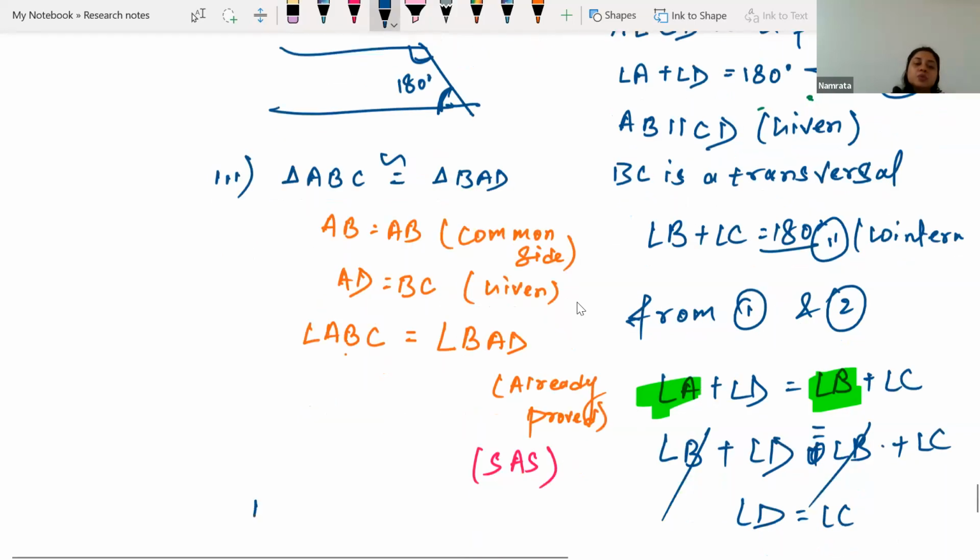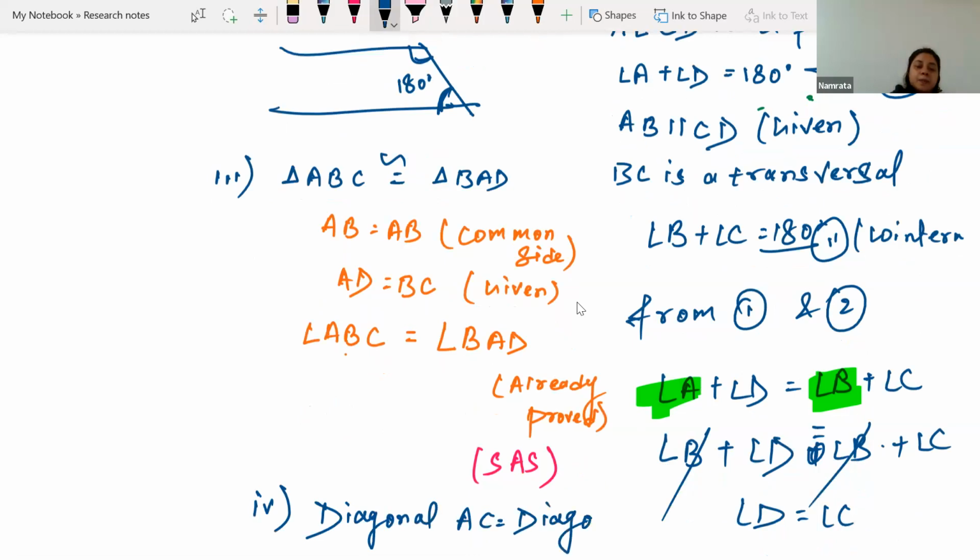Now there is one more part which says that show that diagonal AC is same as diagonal BD. So from our triangles only, since we have proved these two triangles congruent, AC and BD will be same by CPCT.